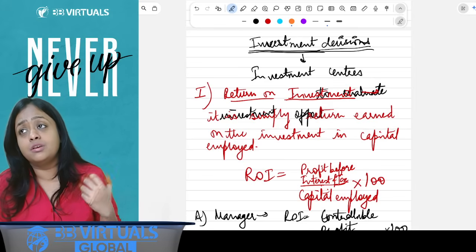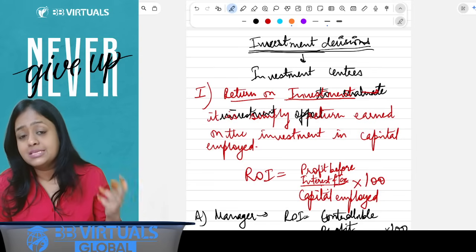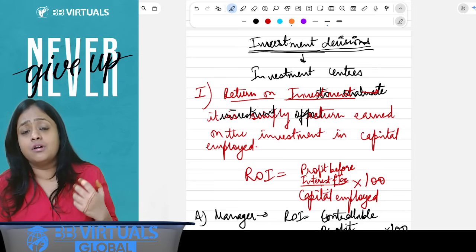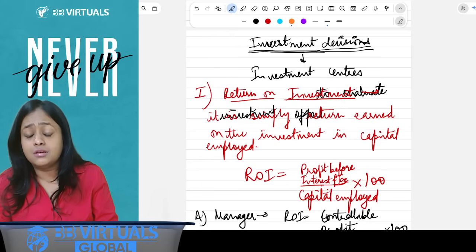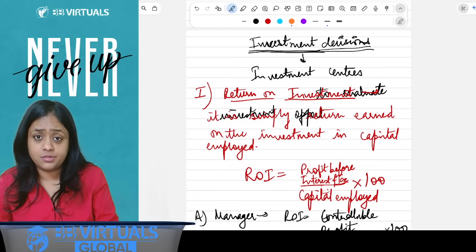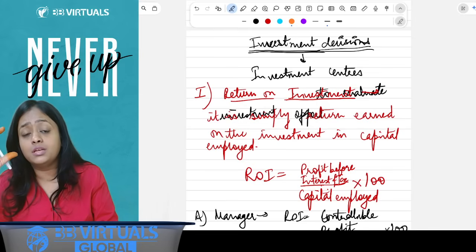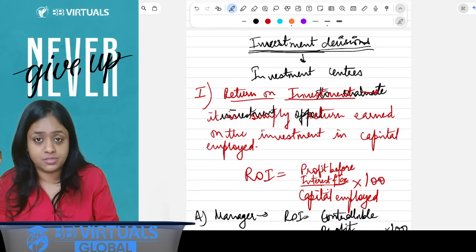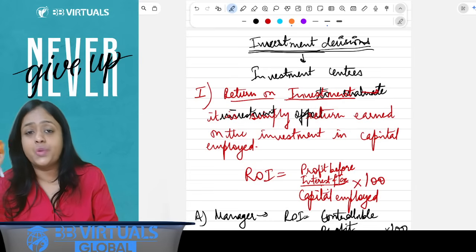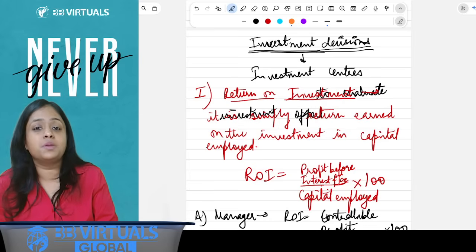Return on investment means that a manager will take up a new investment proposal only when the divisional ROI is met or exceeded by the ROI of that proposal. Let's say the divisional ROI is 20% and the new investment proposal carries an ROI of 15%.